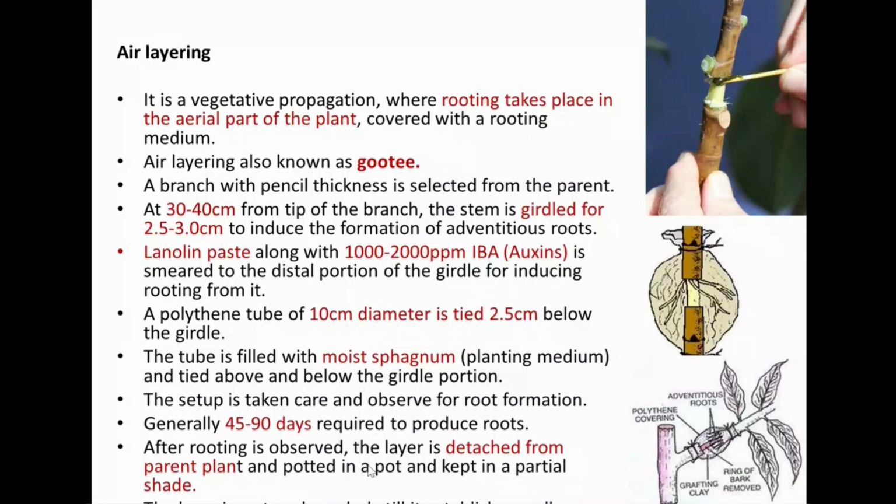After 2 to 3 months, they produce roots here. Once they produce roots, you remove what you tied, then you cut it here. Then it will become an independent plant, because it has stems, leaves, and below it has roots. Then you plant it wherever you want.